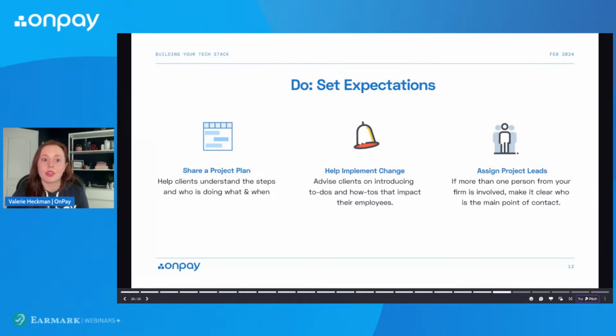Not only that, think about whether or not your clients need help with how to communicate to their employees. You don't want to end up in a situation like my friend, where he had no idea that the payroll was getting switched, much less that he was going to have to log in on Christmas Eve and make some changes to get paid on time.